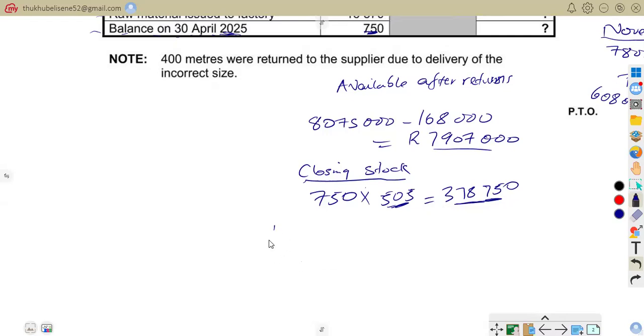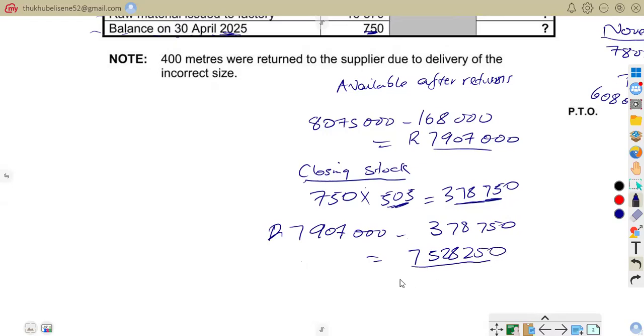So 7,907,000 minus closing stock of 378,750 will give us 7,528,250. This is our final answer for direct material.